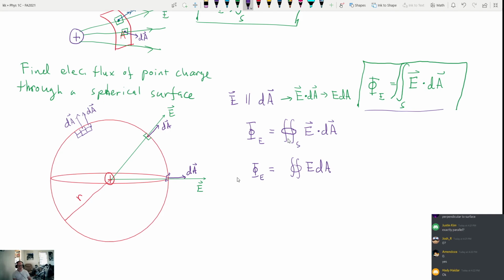Okay, next step is to plug in what the electric field is. We know that the electric field for a point charge has a magnitude of k multiplied by the size of the charge, which we're going to call Q, divided by r squared. Let's plug that into our equation.